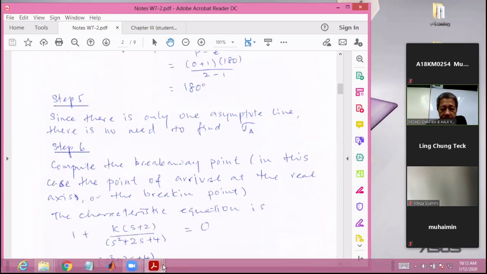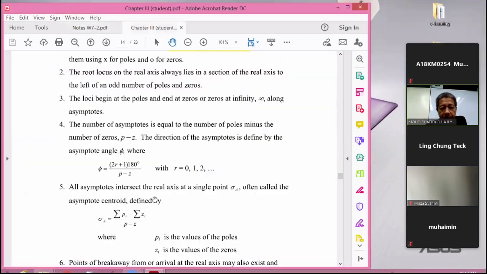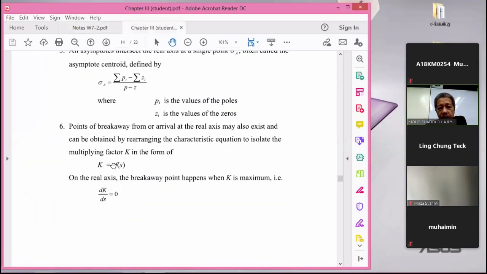Now step 6. Step 6 is the points of breakaway or arrival. In this case, we are going to have an arrival point instead of a breakaway point. Breakaway is the point where your locus leaves or exits the real axis. But in this case, our locus enters the real axis.